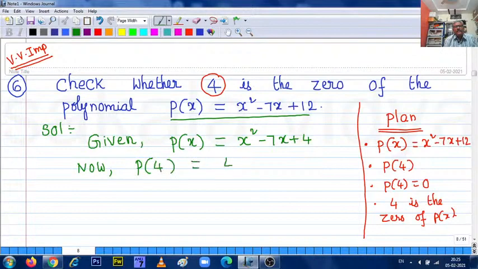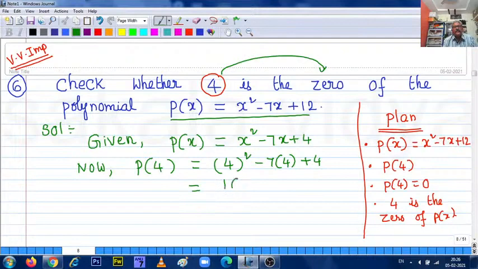So P of 4 equals 4 square minus 7 times 4 plus 12. Why should we consider 4? We need to check whether 4 is a zero of this polynomial or not. 4 square is 16, minus 28, plus 12. 16 plus 12 is 28. 28 minus 28 is 0.